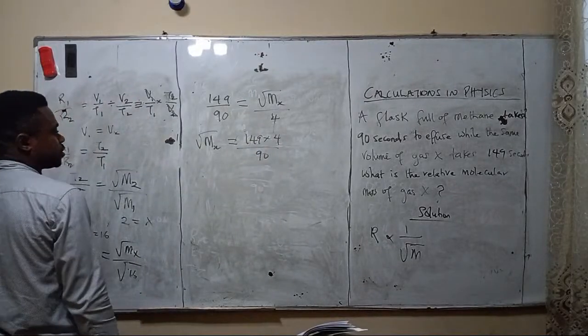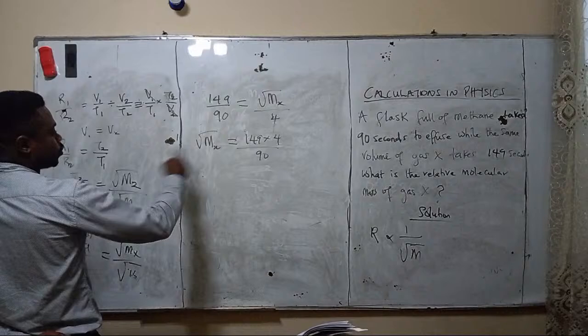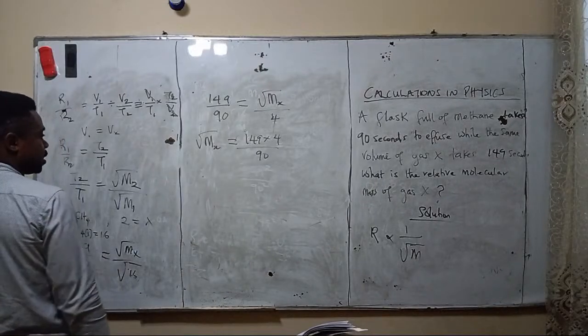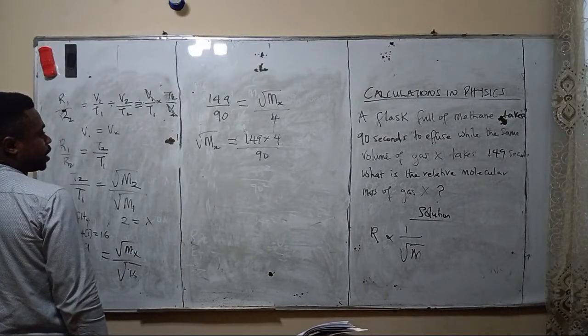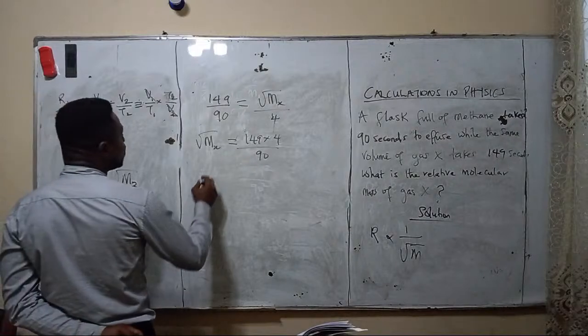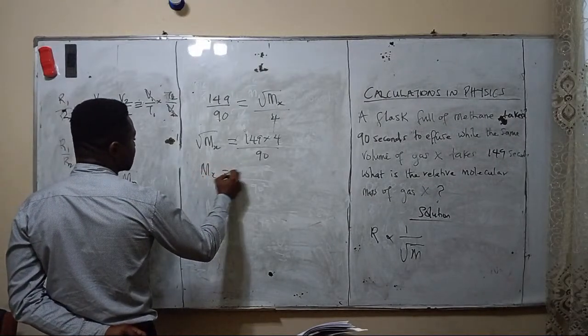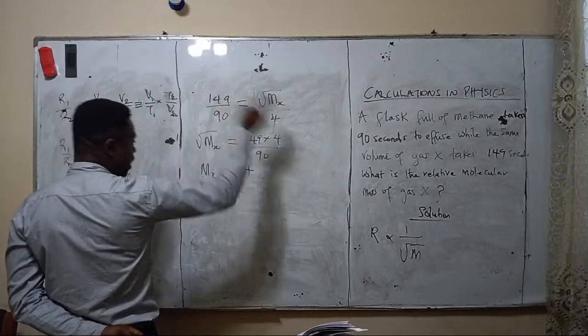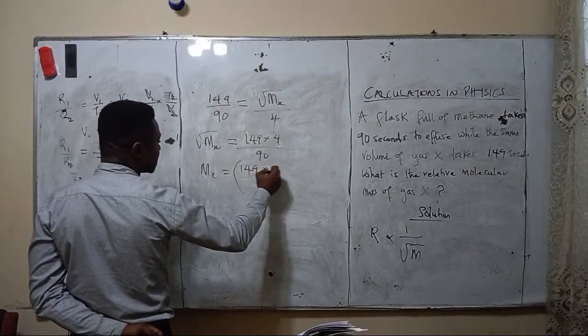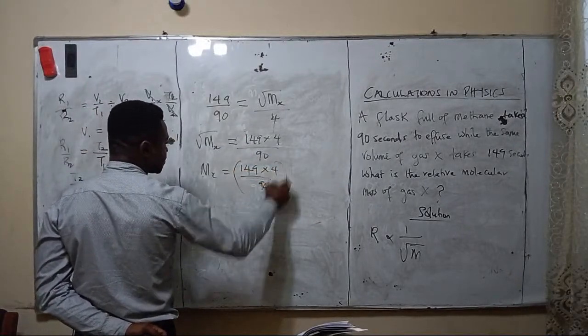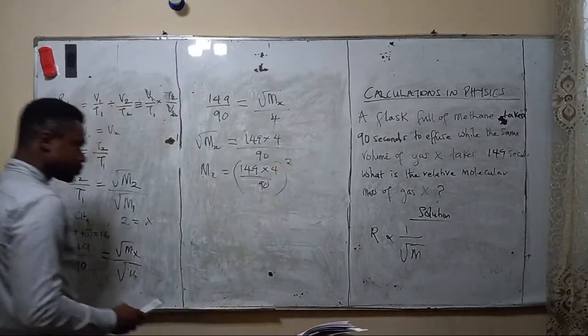Correct. So we have to square both sides to get M subscript X, which is 149 times 4 over 90, all squared.